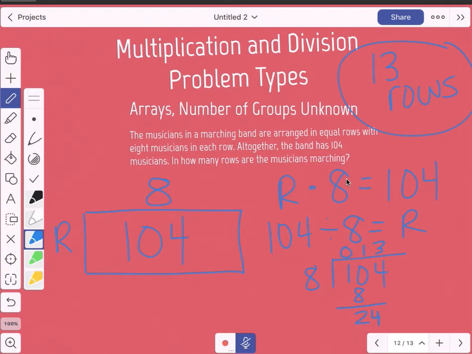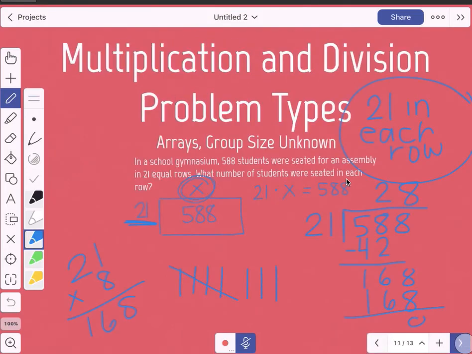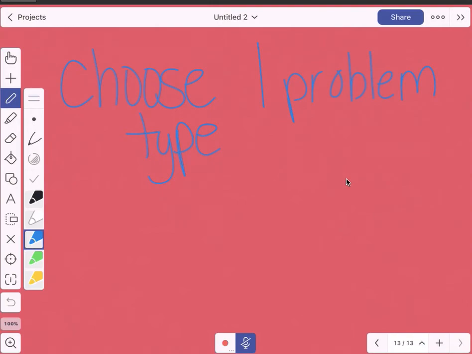All I'm going to leave you with is an assignment. When you're done writing all of those, and if you need to go back, do that. But when you're done, what I want you to do is choose one problem type, and you can pick any of these. You can go all the way back to the group size and the number of groups, and you're just finding the product.